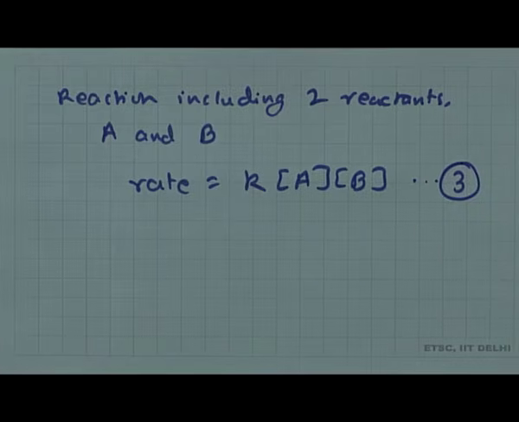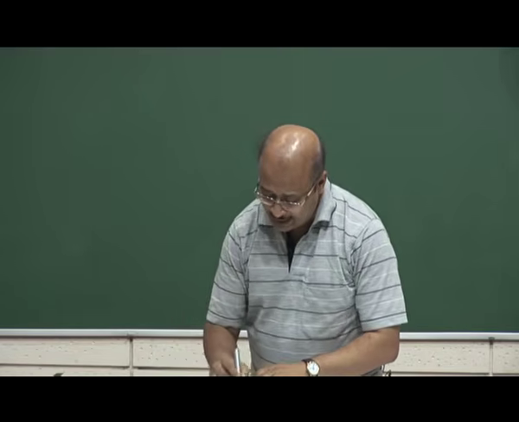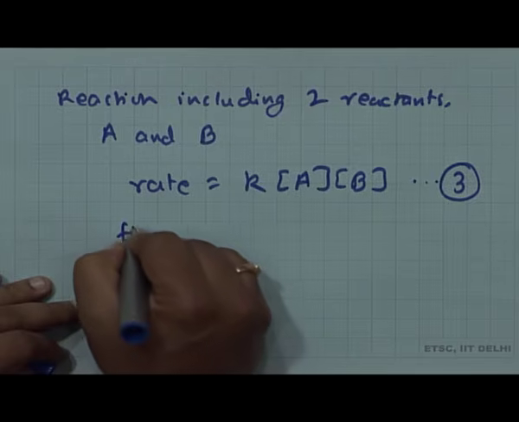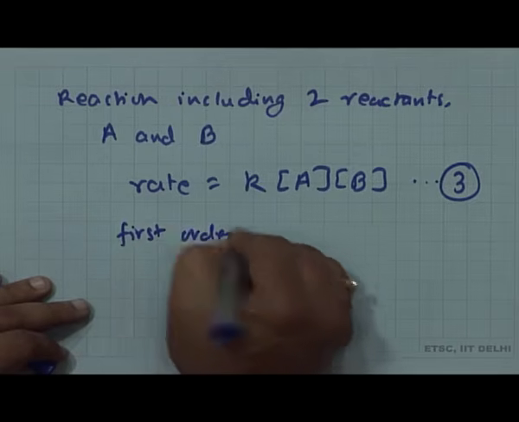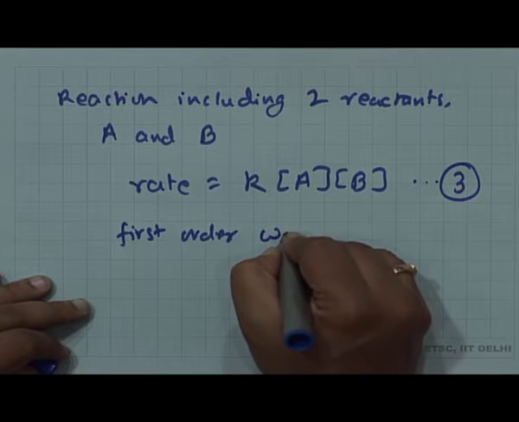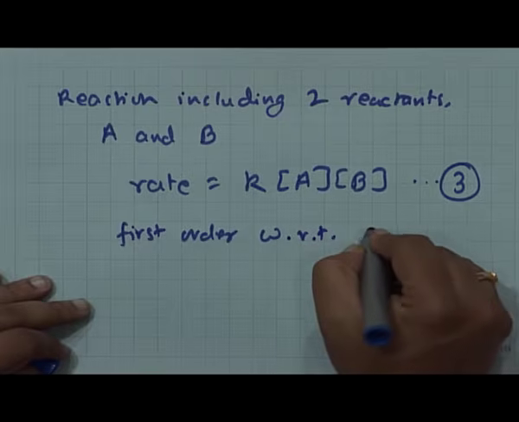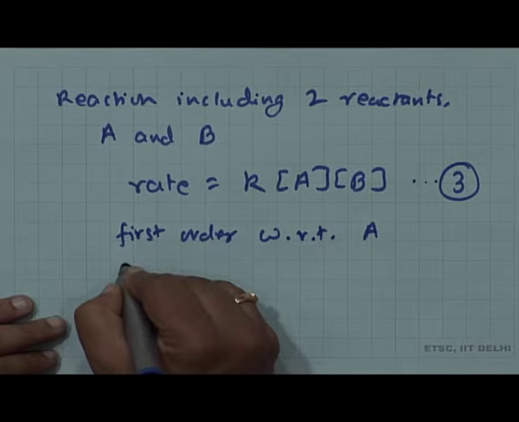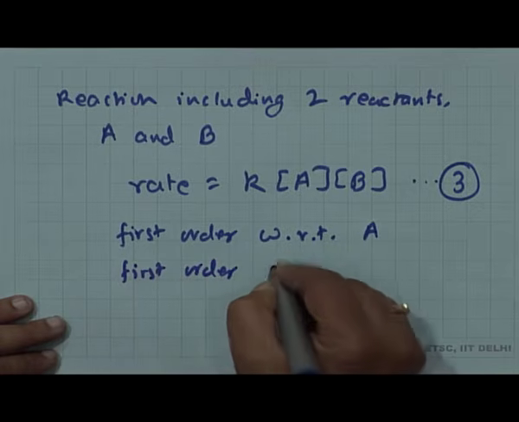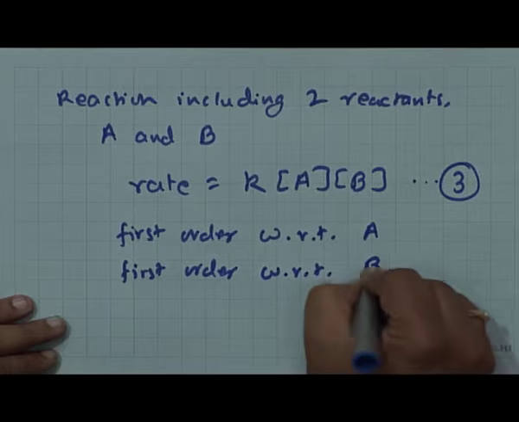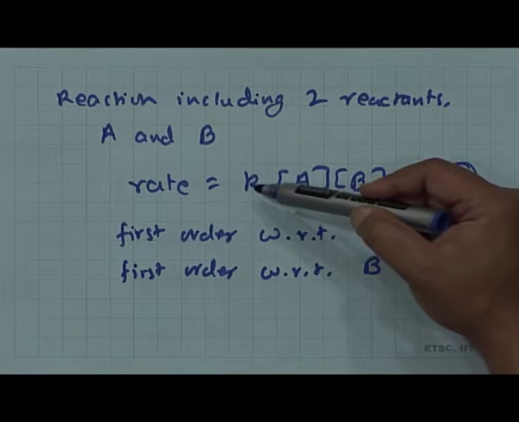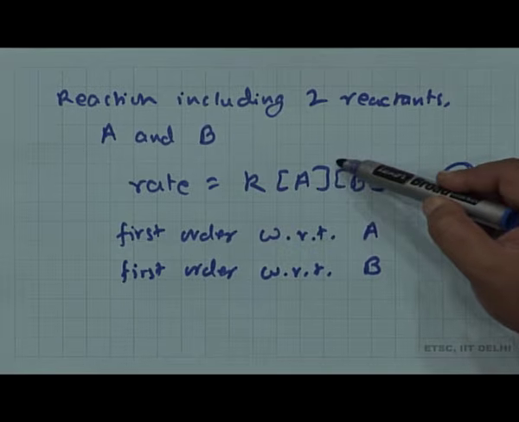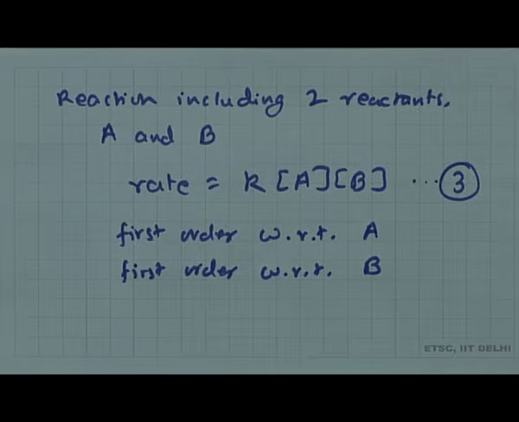Now the way I read this rate equation is, I say that this reaction is first order with respect to A, also it is first order with respect to B, because you see rate is equal to K, the rate constant, times A raised to the power 1, B raised to the power 1, is not it, right.